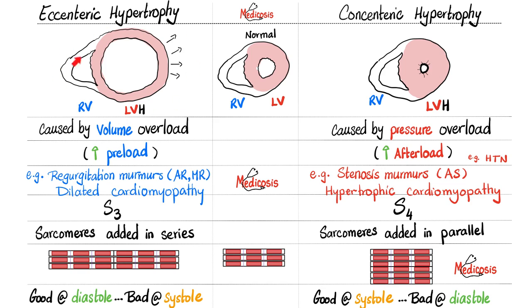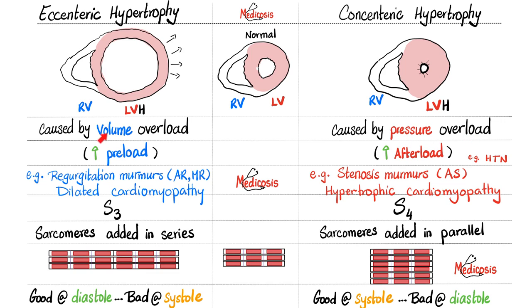But that's not the one that we see in aortic stenosis. Instead, we see concentric hypertrophy, where the muscle wall is getting thicker, not the cavity. What causes eccentric hypertrophy? Volume overload, too much fluid. But what causes concentric hypertrophy? Pressure overload, too much pressure.